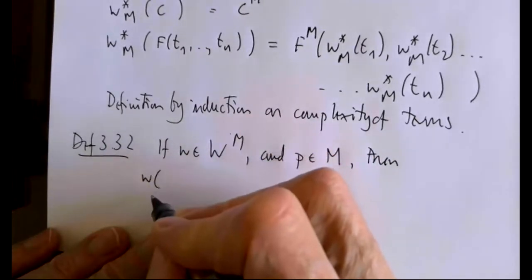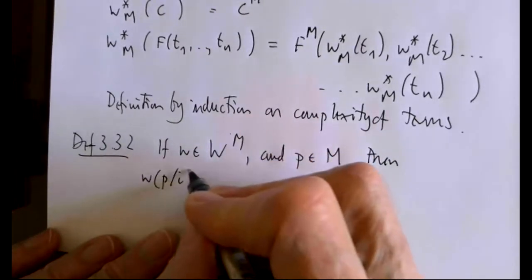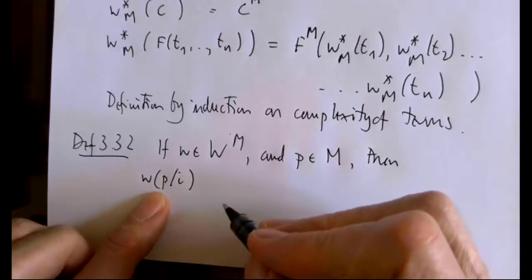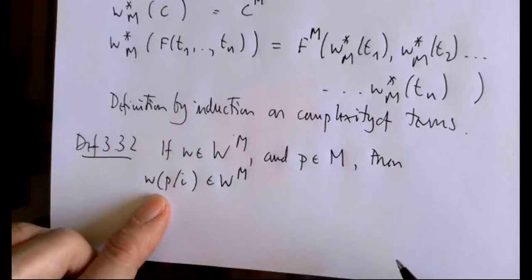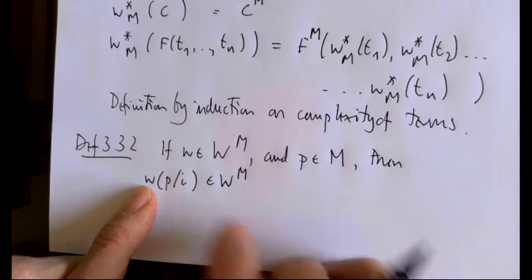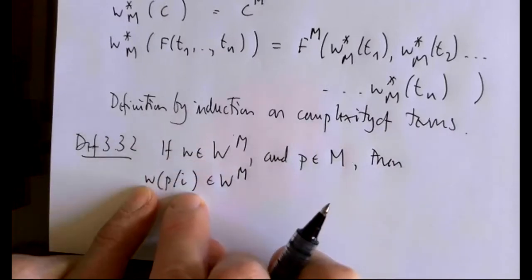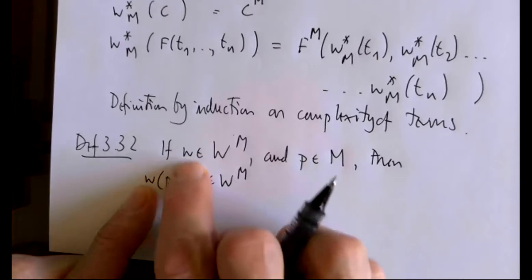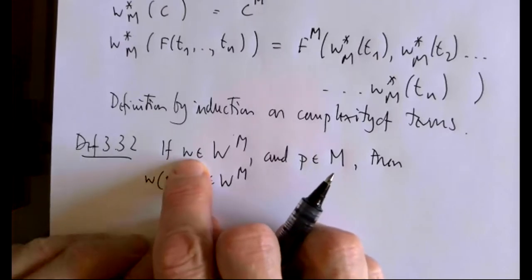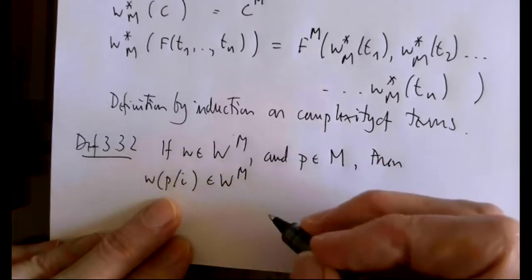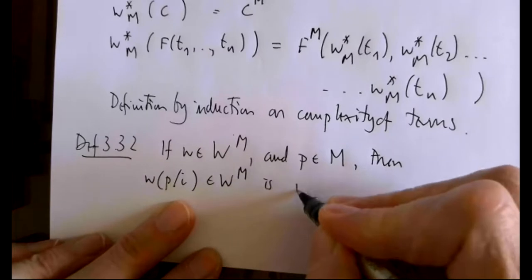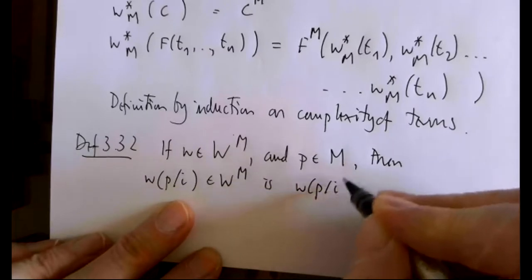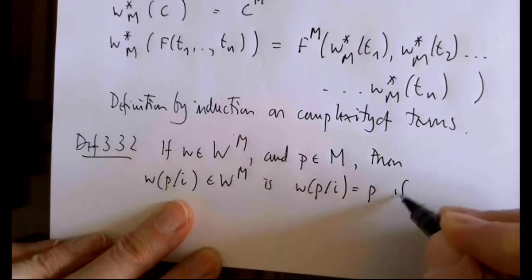Then here's the variant one. It's also in W of M. But what it does is exactly the same as my original W, except that on I it returns P rather than whatever W of I was before. So W P I here is P.